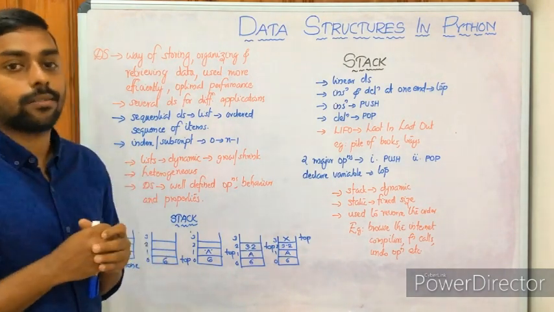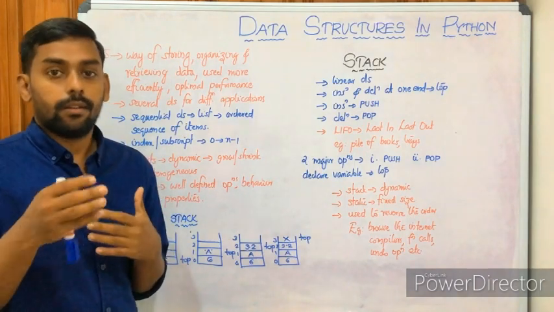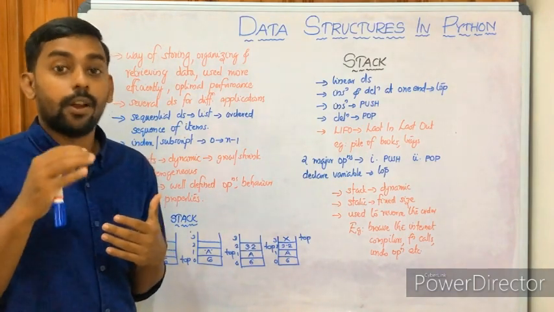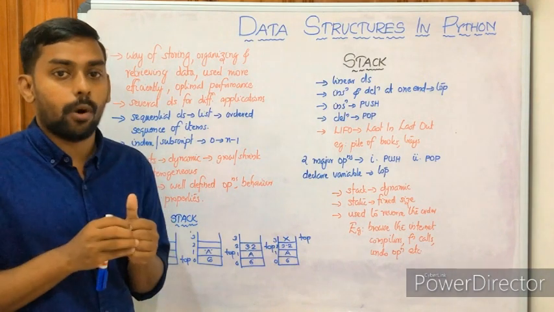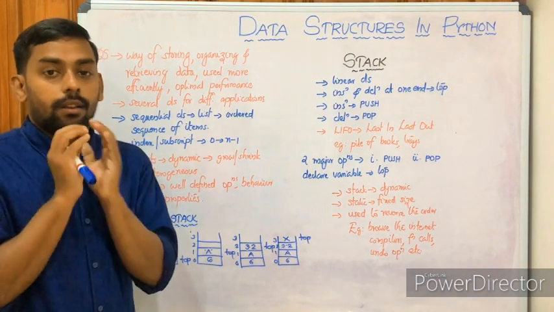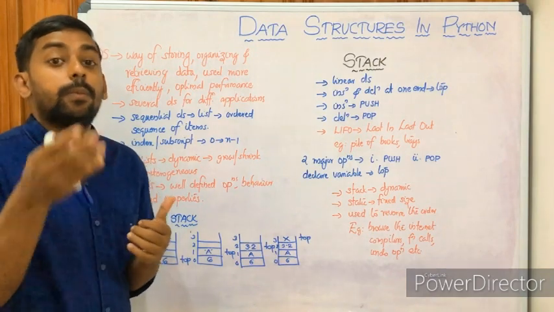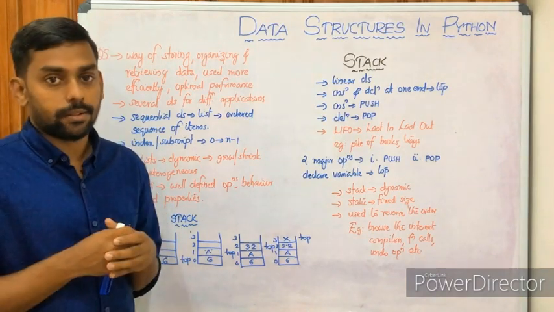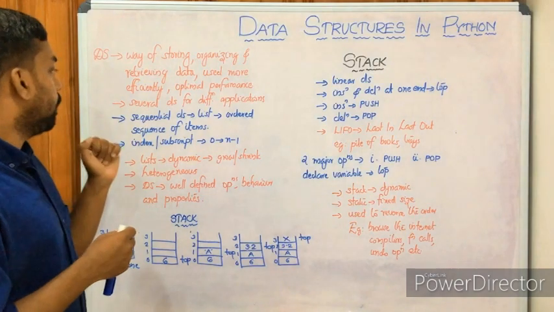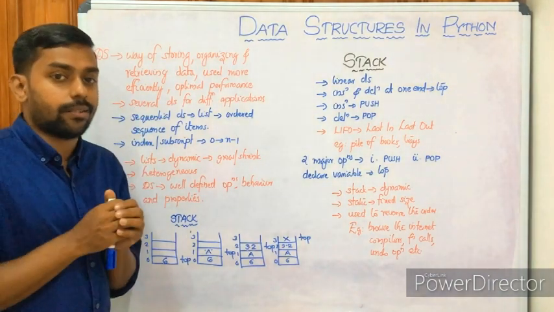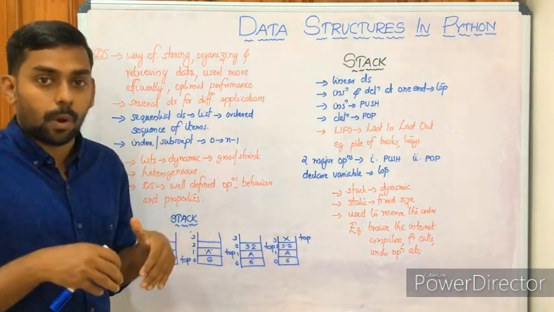Data structure is a way of storing, retrieving, taking back and organizing data. That's a key point: organizing data in an efficient way so that it provides us the optimal, the maximum performance.